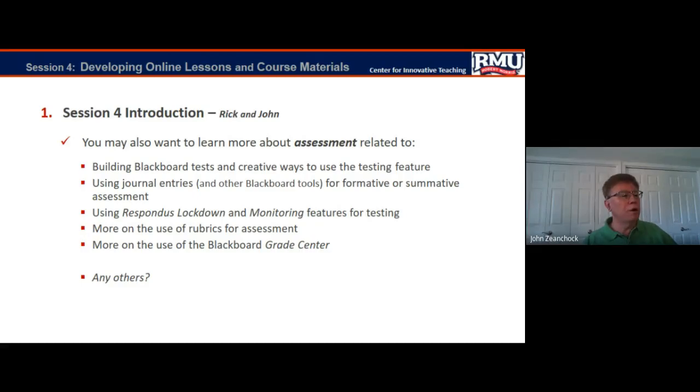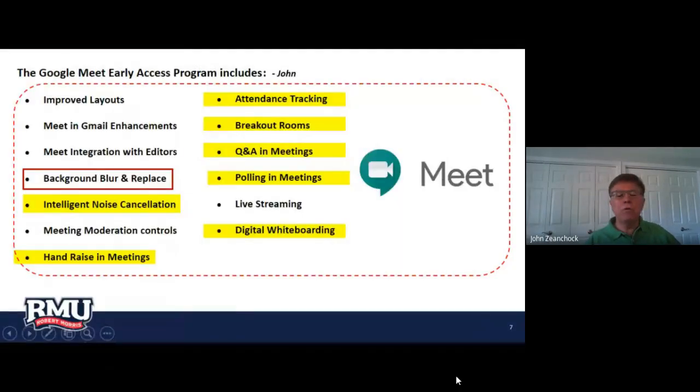Okay, so moving forward, I want to mention one thing before we get started with today's materials. In my conversation with Phil Miller last week, he made available to a few of us that were meeting with him the fact that he is really in touch on a regular basis with Google, and he's a member of what is referred to as the Google Meet Early Access Program, which means that our institution is a beta test site for the new features that Google puts out, particularly with Google Meet.